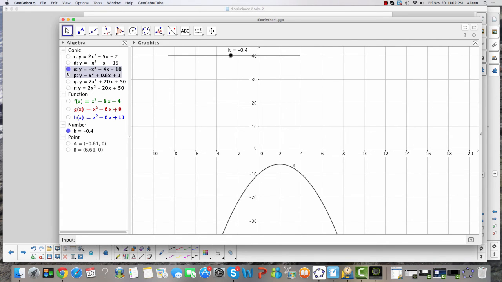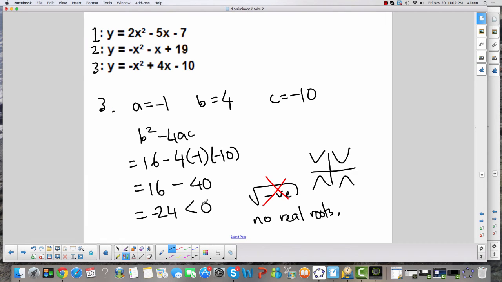Negative leading coefficient, and it's a flying parabola. It doesn't cut the x-axis in any location. That's what we expected because the discriminant is less than 0. We're ready now to try some trickier problems.